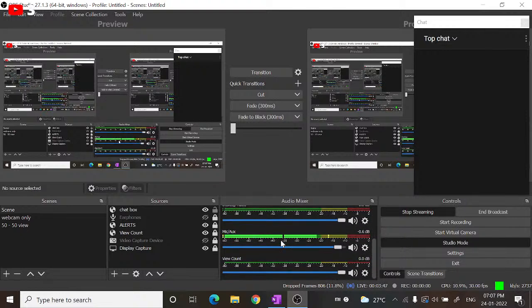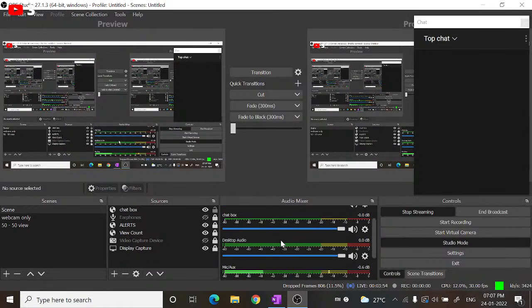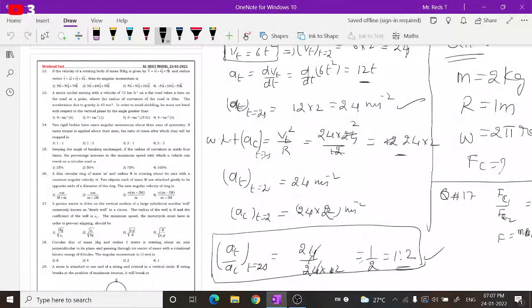Drop a message if you are getting the voice clearly or not. Is the voice audible, and are you able to see the whiteboard?